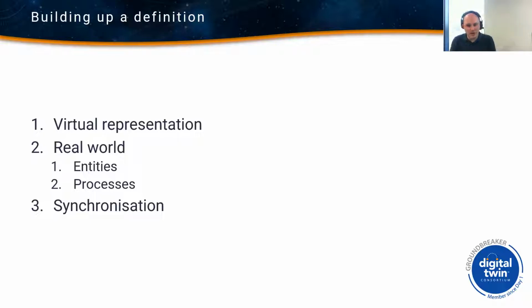You could have the most amazing dashboard, model, or simulation, but if it is not synchronized from the real world to instantiate that model or simulation with data, and if it is then not realized back into the real world through decision-making, whether human decision-making or operational technology, it does not qualify as a digital twin. It doesn't mean it doesn't have value, but it is not a digital twin.